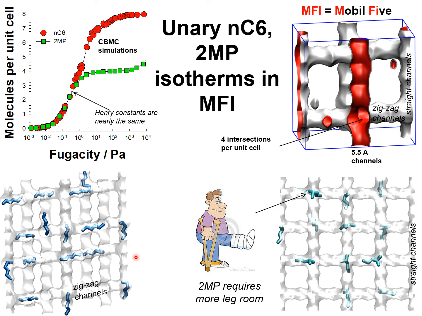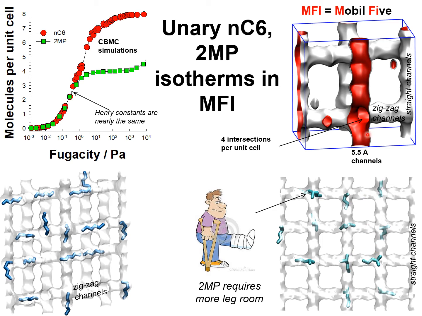And the reasons are shown by the computational snapshots here, where normal hexane, the linear isomer, can locate anywhere along the straight channels or along the zigzag channels. However, 2-methylpentane, due to configurational considerations, requires more legroom and prefers to locate at the intersection sites.